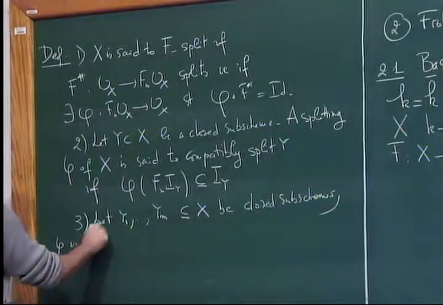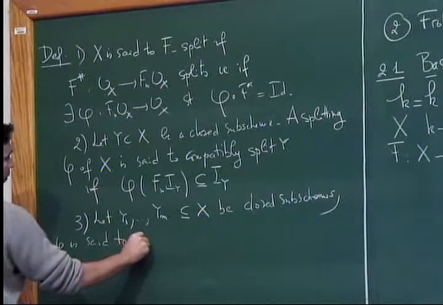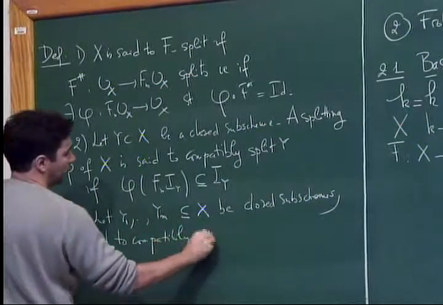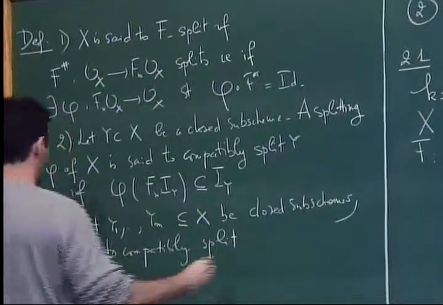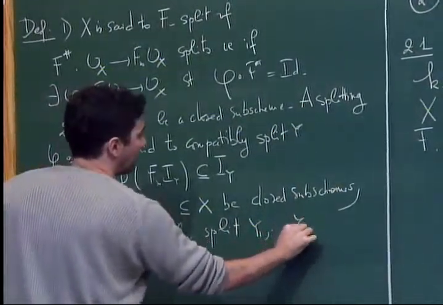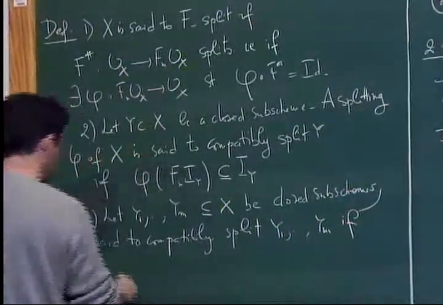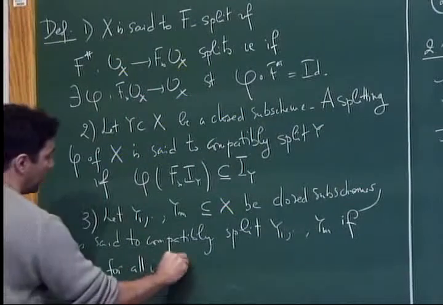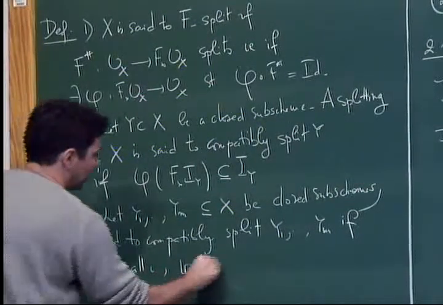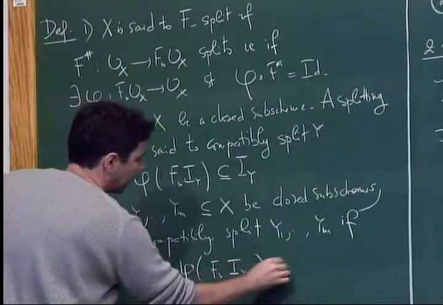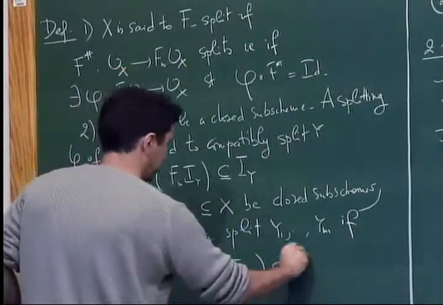Phi is said to compatibly split Y1 up to YM if for all i, phi maps the push forward of the corresponding ideal sheaf into itself.